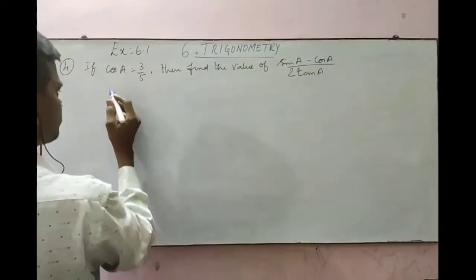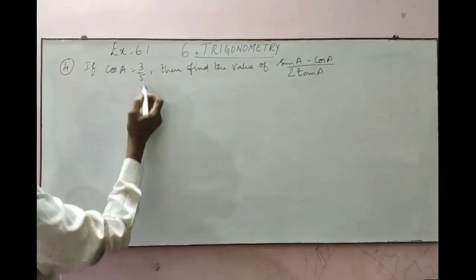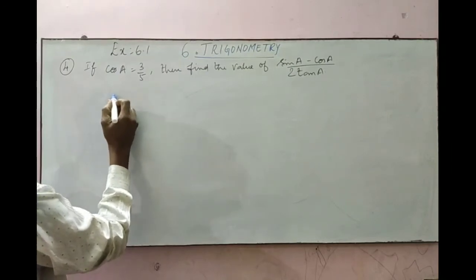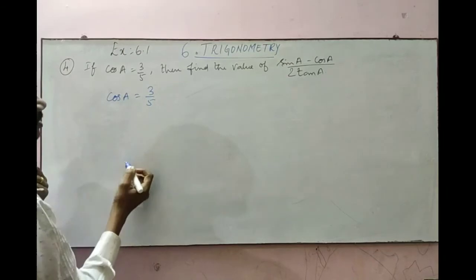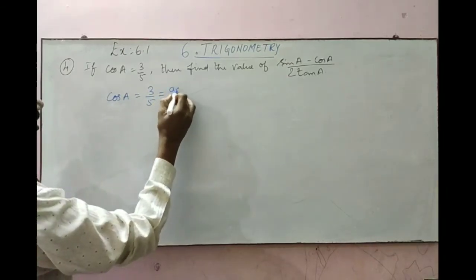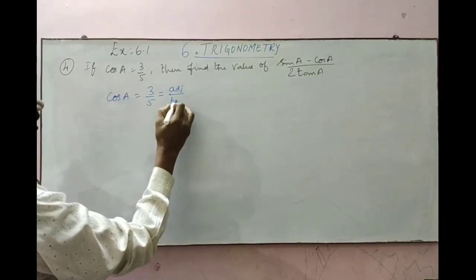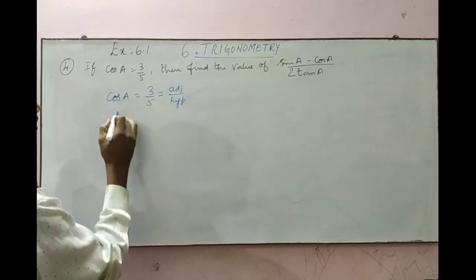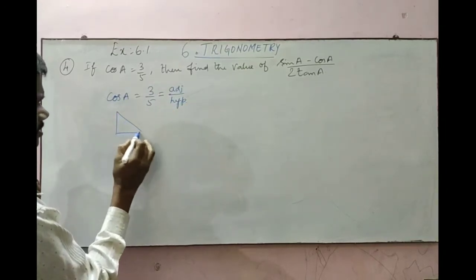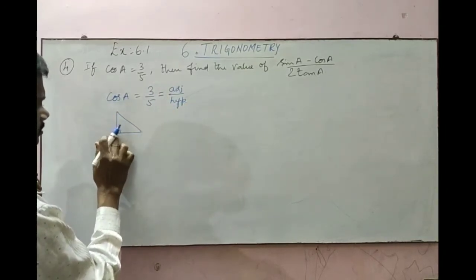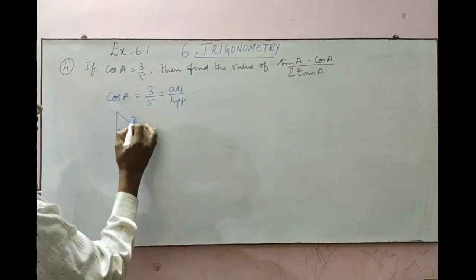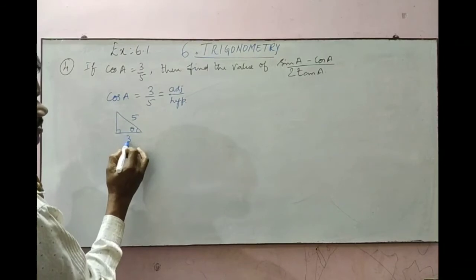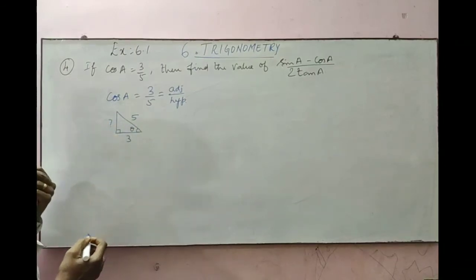Here also in the question cos A is given as 3 by 5. In the last sum also it is given as cos A is equal to 3 by 5. So again I am going to use the same formula. Adjacent side is 3 and the hypotenuse side is 5. So if you consider a right triangle and this side has theta, this is the hypotenuse side which is 5, the adjacent side is 3, then you have to find the opposite side.